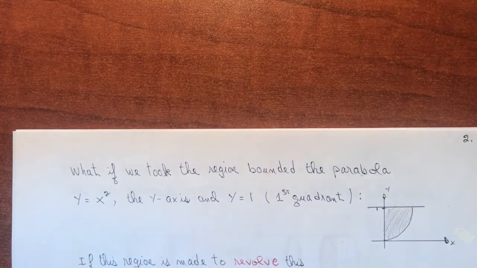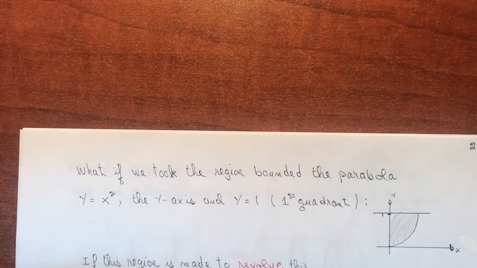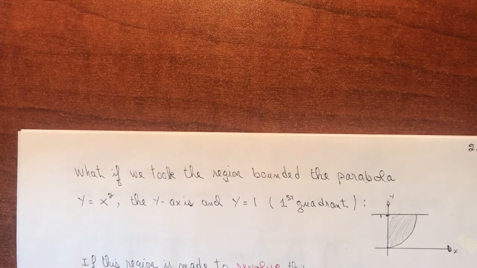Very good. So now, again, to exemplify, suppose we take a region bounded by the parabola y equals x squared. We bound this with the y-axis this time, and y equals 1. Suppose we find the region in the first quadrant.